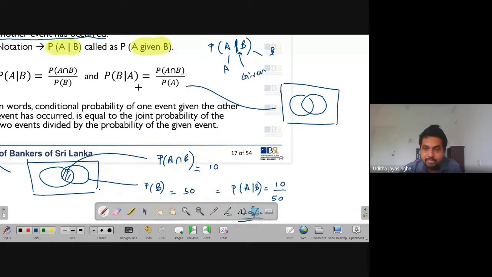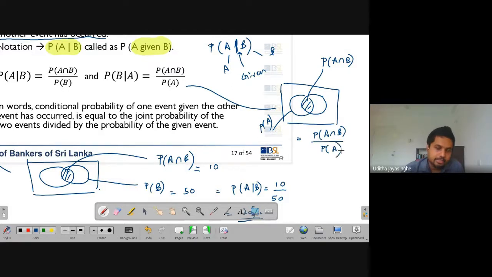This is B given A. Now, this part is common, fine, P A intersection B. But now this is the PA. So P A intersection B divided by PA is going to be my probability in that case.